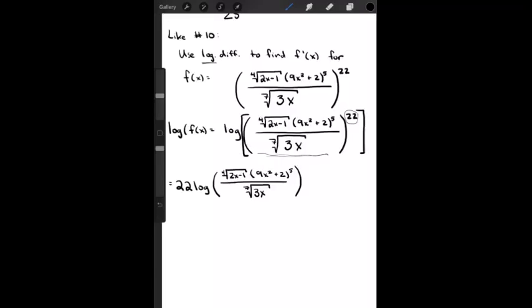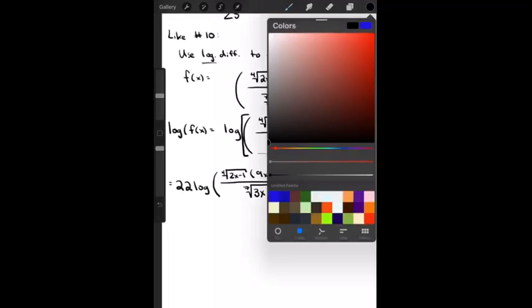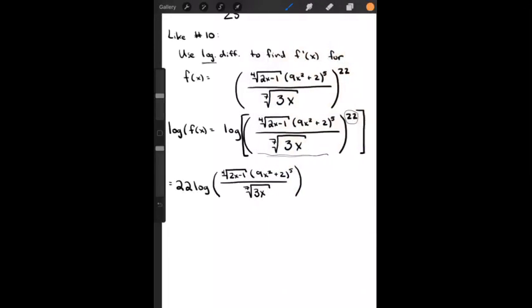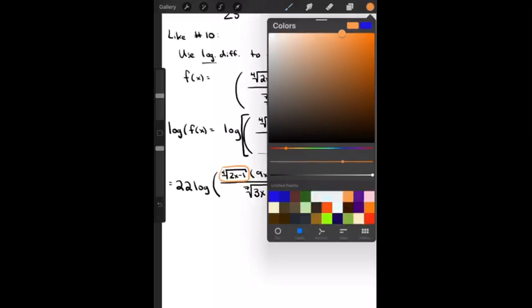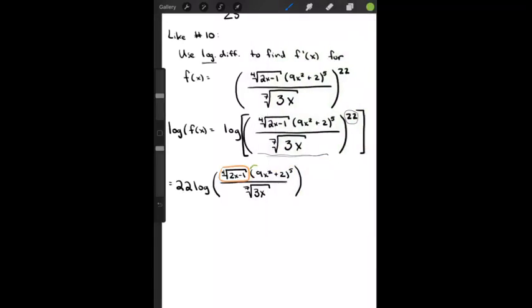And since you're generally not going to do the power rule twice in a row, that means that the product and quotient rule are next. And remember, we talked about in class, we can do this all at the same time. We just need to identify all of the factors.